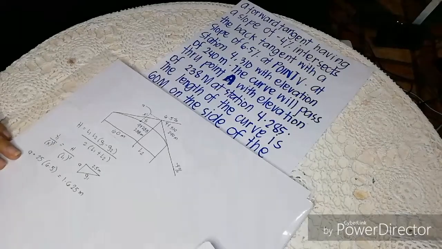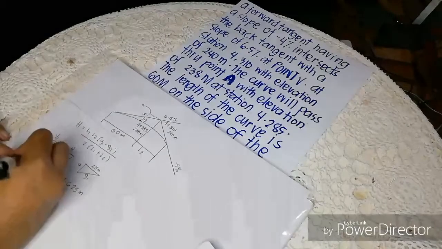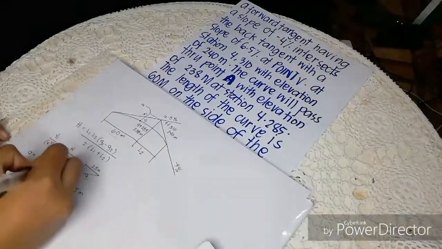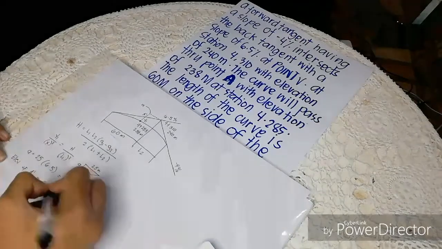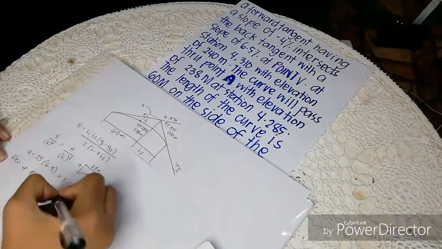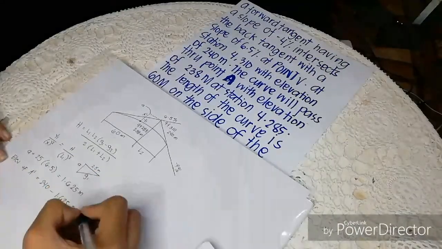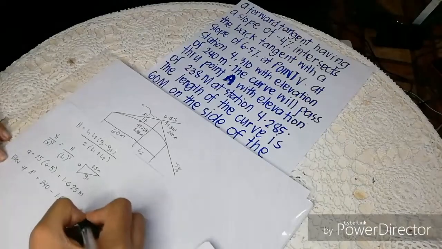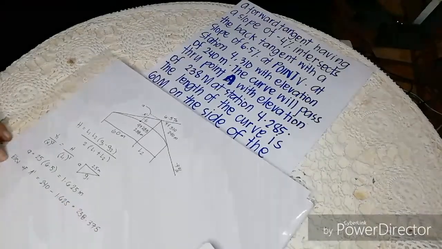So, yan, pwede na natin makuha yung elevation ng A prime. Elevation of A prime is equals to 240 minus yung E, which is 1.625, is equals to 238.375.